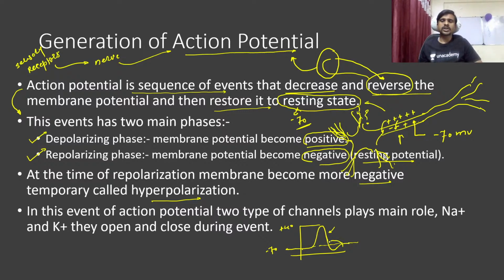This more negative phase is called hyperpolarization, and the time for the hyperpolarization is called the refractory period. So the refractory period and hyperpolarization are the same thing. But if you are talking about the potential difference, it is hyperpolarization, and if you are talking about the potential difference with respect to time, it is the refractory period.